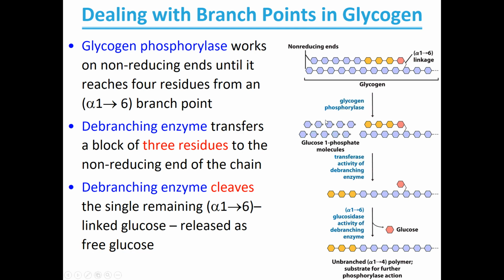When we are approximately 3 glucose monomers from a branch, the debranching enzyme will remove these 3 monomers and place it on the non-reducing end. Now glycogen phosphorylase can continue. The one glucose monomer that's still attached by an alpha-1,6 linkage is released as free glucose.